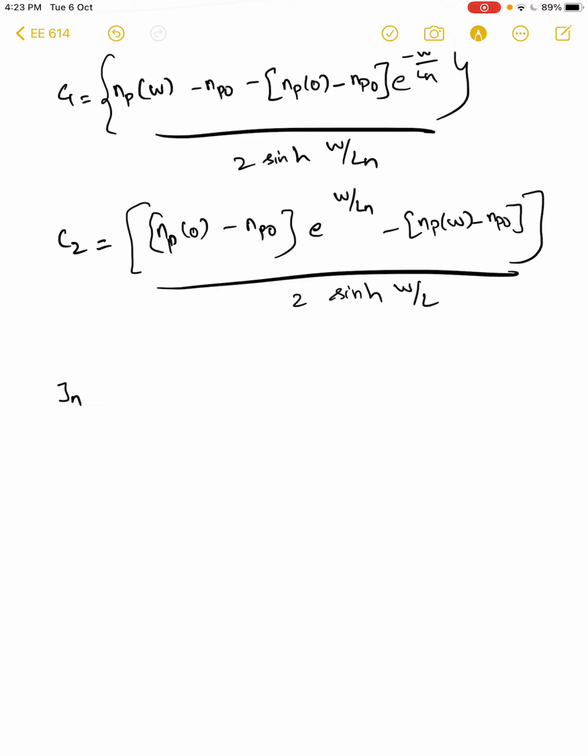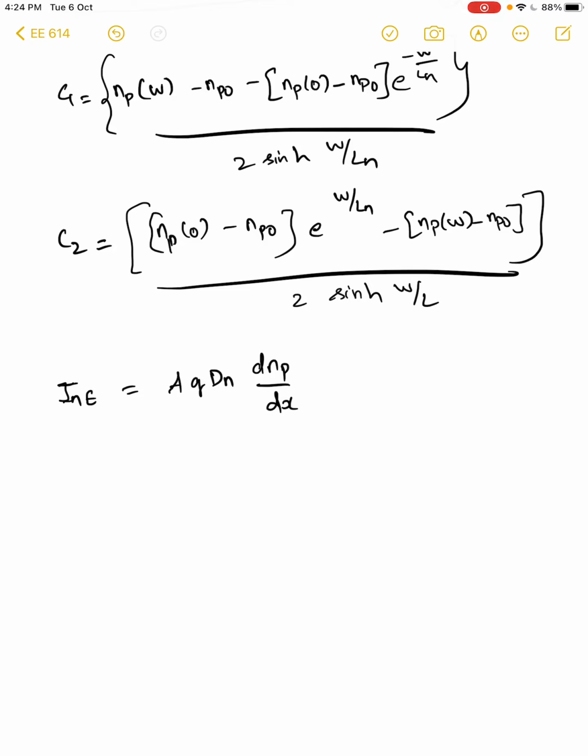We will not be using J because we will anyway multiply it by the area to give the total current. The current, A being the area of the emitter, is A q Dn dNp/dx, and this is the total diffusion current as we saw before, right?